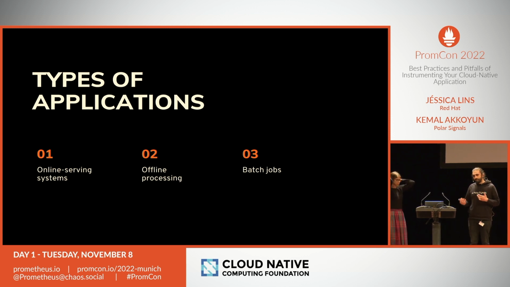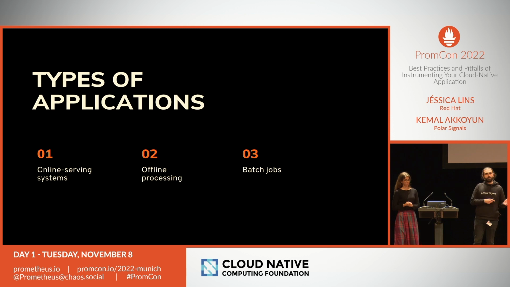There are other classifications of applications as well, but we wanted to stick with the Prometheus one. We will walk through some examples, all of them based on Golang and client Golang, because it's the most common language used in CNCF and the cloud native space, but all the tips and tricks that we give here apply to the other client libraries as well.